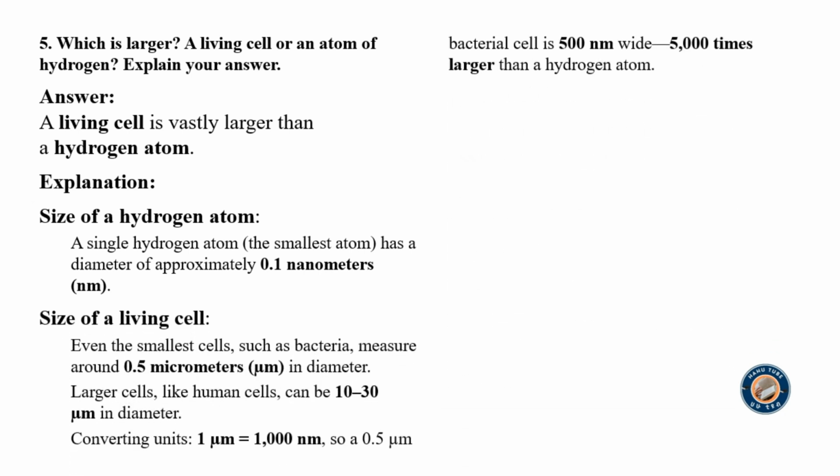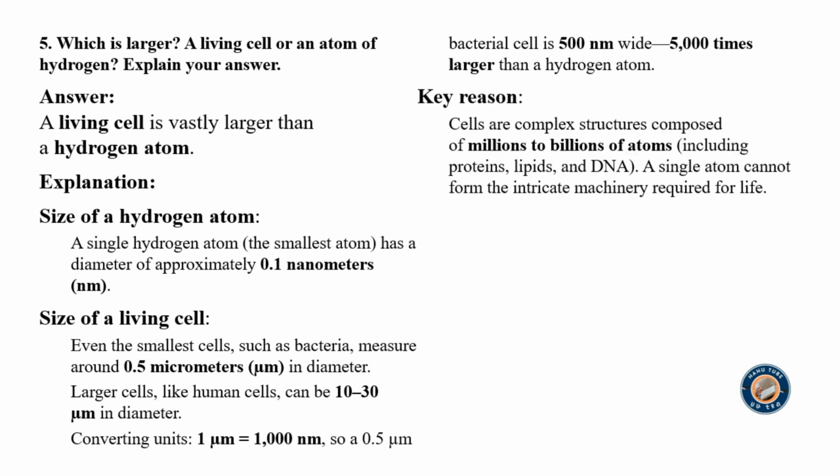Even the smallest cell, such as a bacterium, measures around 0.5 micrometers in diameter. Large cells like human cells can be 10 to 30 micrometers in diameter. Converting units, 1 micrometer is equal to 1000 nanometers, so a 0.5 micrometer bacterial cell is 500 nanometers wide, which is 5000 times larger than a hydrogen atom.